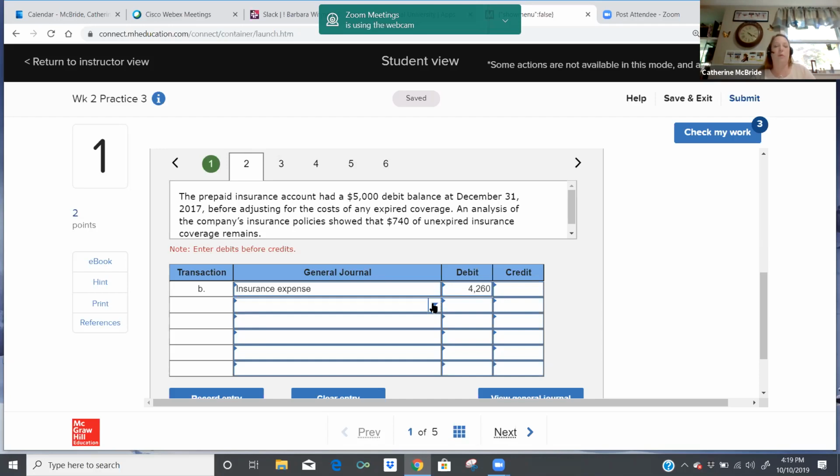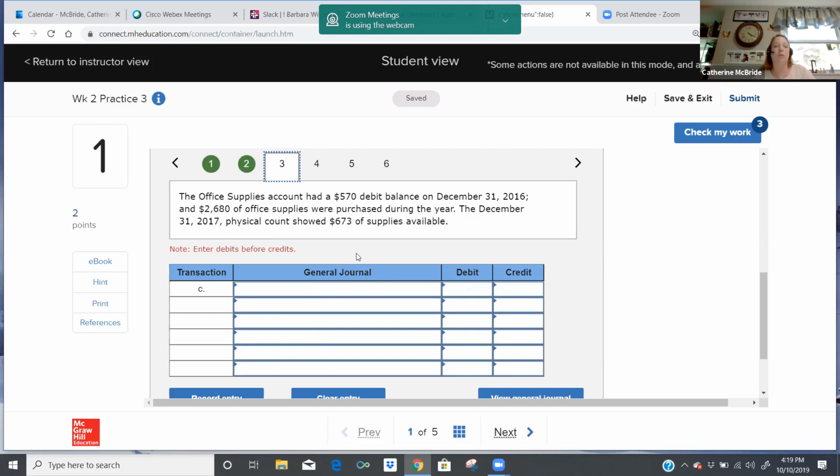And I'm going to credit prepaid insurance. Okay, when we do this, if you look on the income statement, we'll see insurance expense. And if you look on the balance sheet, you'll have that $740 remaining in prepaid insurance.